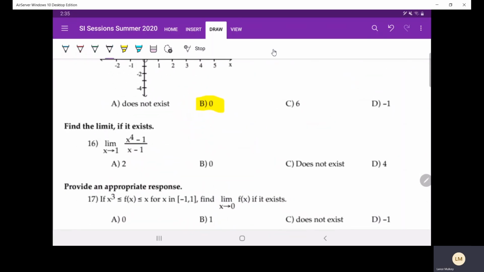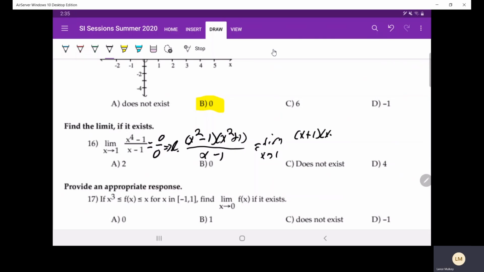Find the limit. So if you plug in 1, it equals 0 over 0. So you get x squared minus 1 times x squared plus 1 over x minus 1. I'll do it like he does. Limit as x approaches 1 of x plus 1, x minus 1, x squared plus 1.